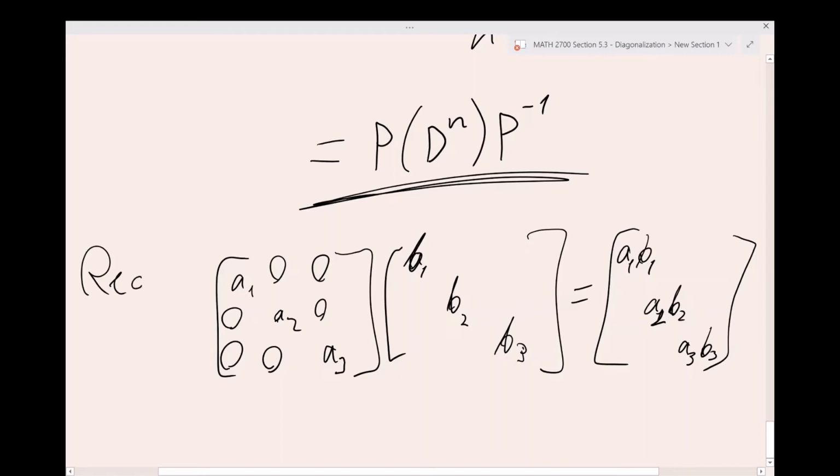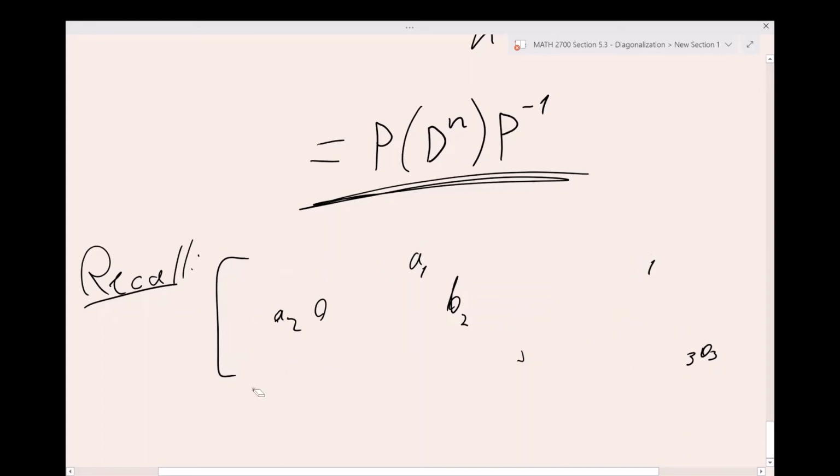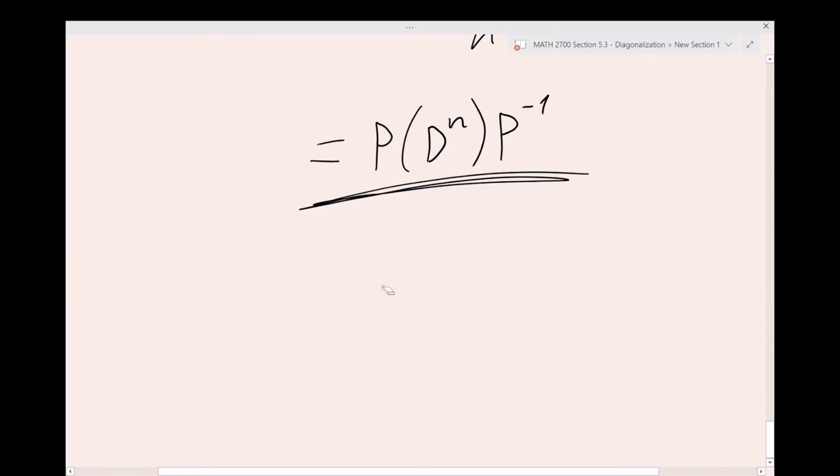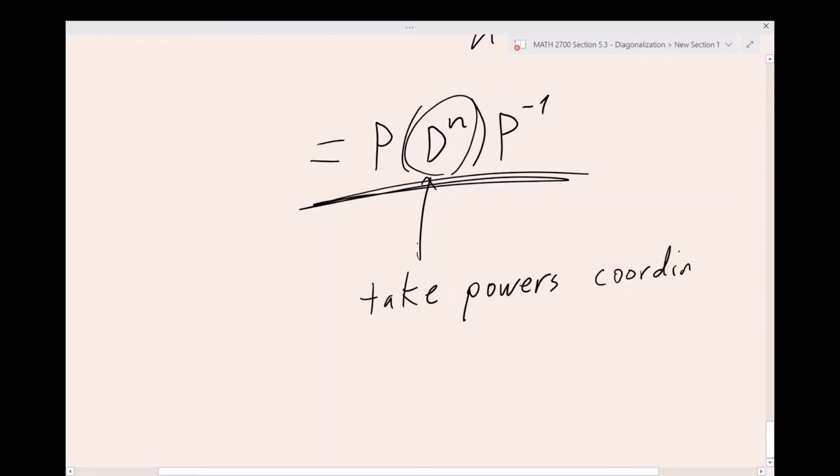So you did this in the homework, and we talked about it for any number of dimensions. And so what that means is, once I know what that diagonal matrix is in the middle, I can actually take powers coordinate-wise. Which requires way less computation than trying to do n many matrix multiplications. Instead, I just take n many numbers down that diagonal and take them to the nth power.